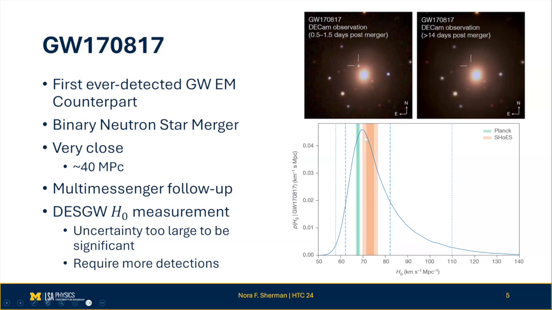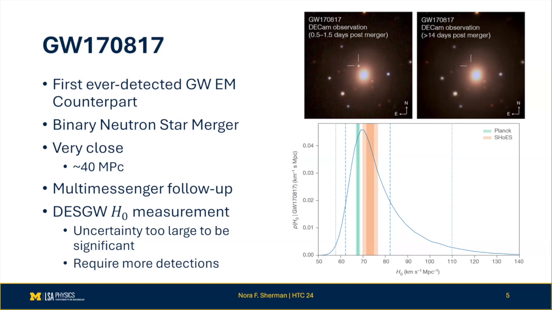And as you can see over here, that H-naught measurement actually fell pretty much in between the two contentious measurements, but our uncertainty on it was far too large for it to be considered significant. So in order to actually perform an H-naught measurement that will give us insight into the Hubble tension problem, we would need to detect far more kilonovae.